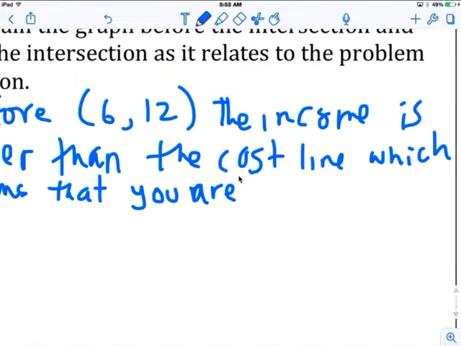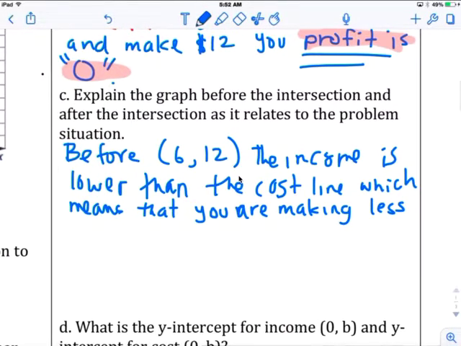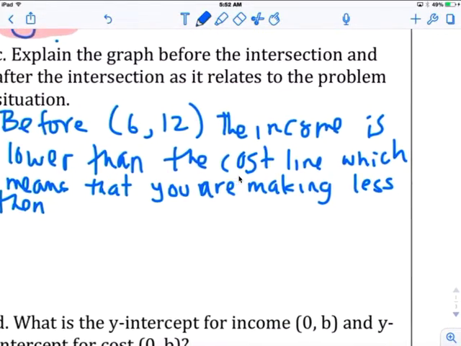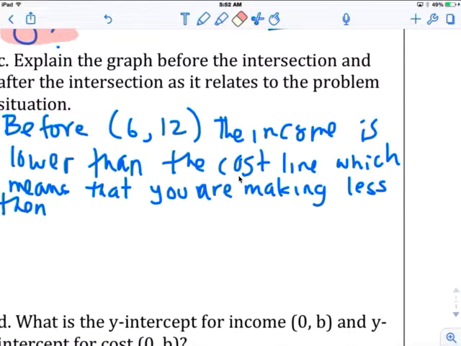You are making less than, well, let's just put it this way, which means that you are losing money.